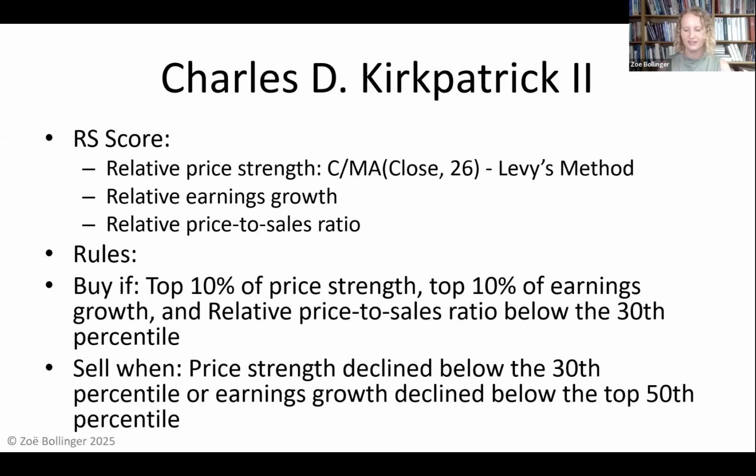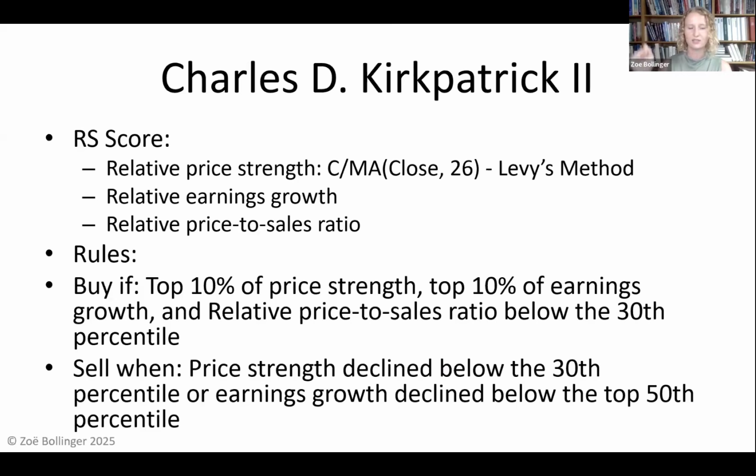So he tried to ground in a little bit of that value investing idea as well. And his sell rules were if price strength declines below the 30th percentile, so you'd buy it if your RS was in the top 10%, and if it fell out of the 30th, out it went.